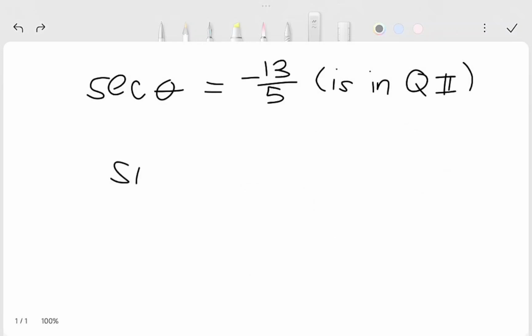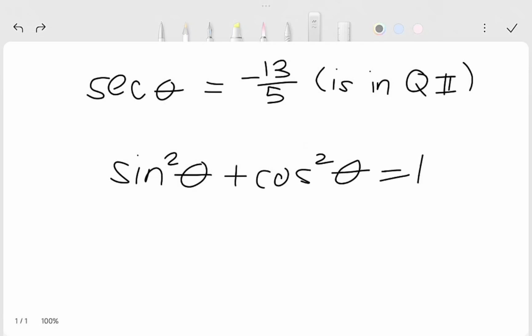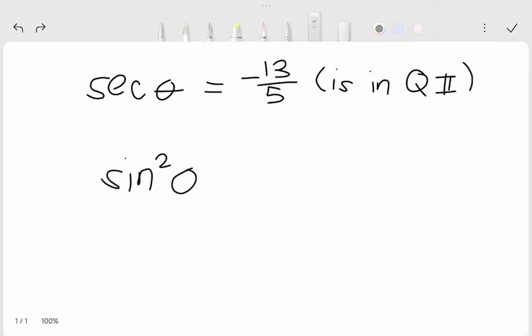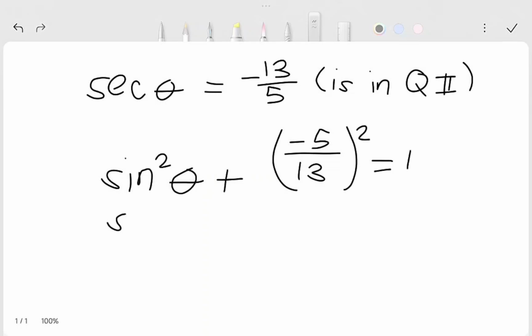So now let's proceed to sine squared theta plus cos squared theta is equal to 1. This is the Pythagorean identity. So now let's substitute the value of the cos theta. Sine squared theta plus negative 5 over 13 squared is equal to 1.